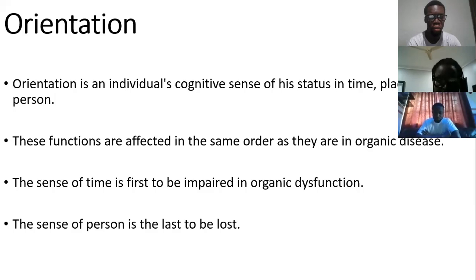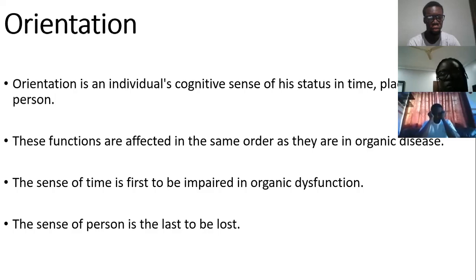Note the order. So you see, the order is patient status in time, then place, then person. The functions are affected in the same order in organic disease. But if the orientation is different, the order is different, then it tells you that this patient has a psychiatric problem.